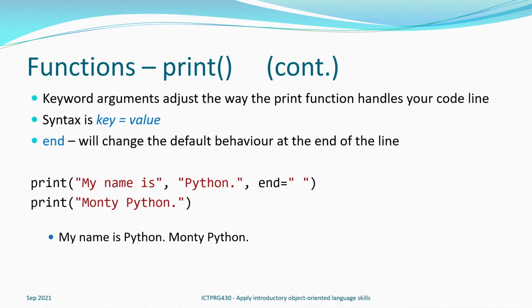By using end equals, in this example we have it equal to a space. The default is effectively a new line. So we're no longer creating a new line, we're just going to put a space between the first print function and the second one. It will display on a single line with just a space between the two.